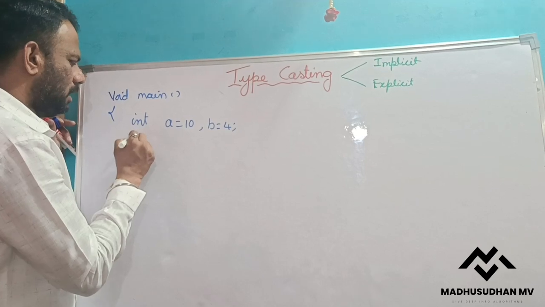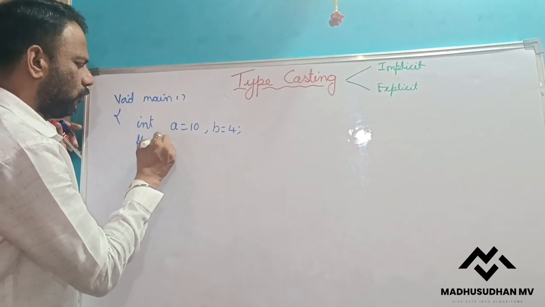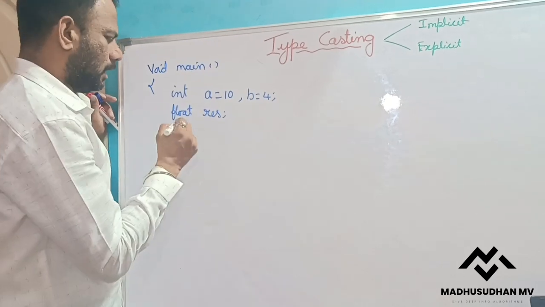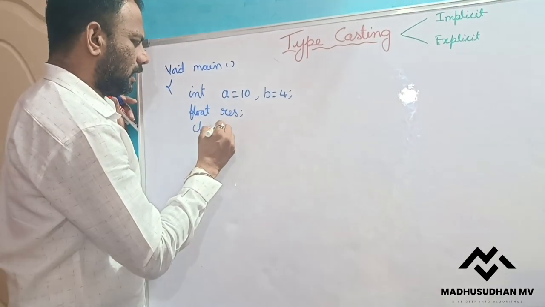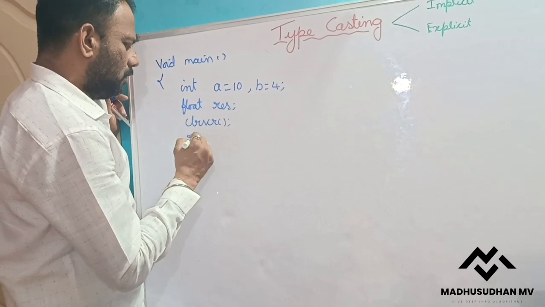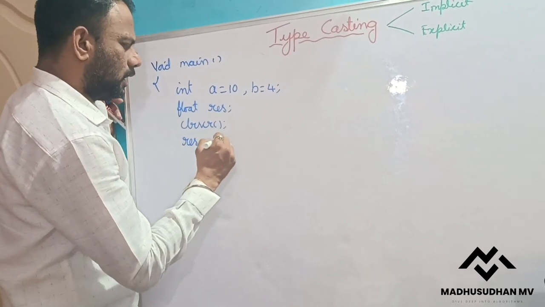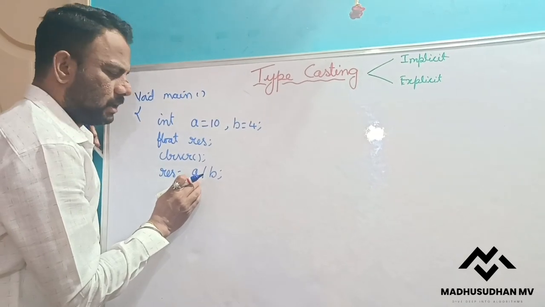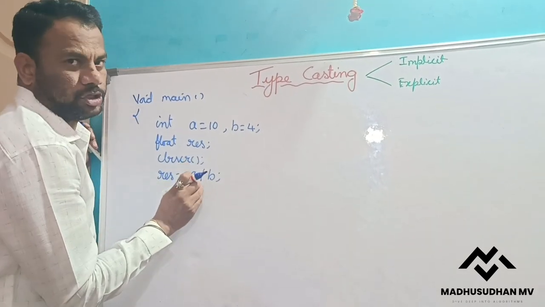Now I will declare one more variable, float res, short for result. Next I will clear the screen using clrscr, and then result is equal to a divided by b, and this is the arithmetic division operator which gives us the quotient.